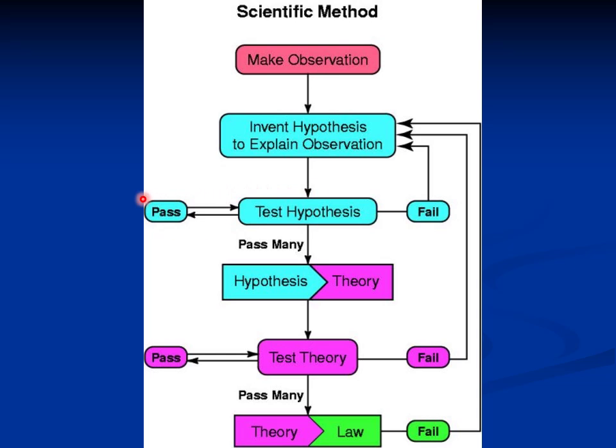And as long as you don't fail, if you keep testing it and your hypothesis holds true, and that happens many times, then the hypothesis can be held up as support for a particular theory. Of course, if any time in this process your hypothesis testing fails and you actually falsify your hypothesis, now you have to go back up here and start again by coming up with a new hypothesis that explains your observation.